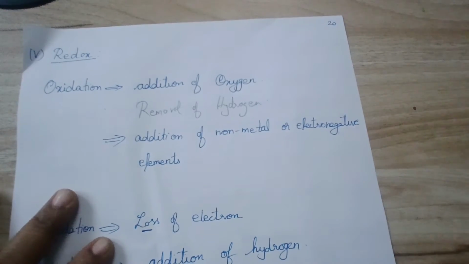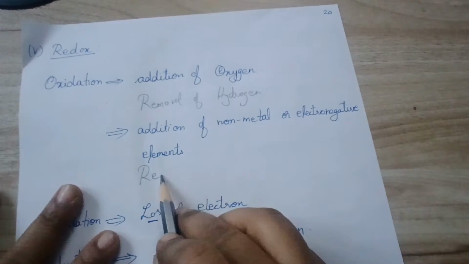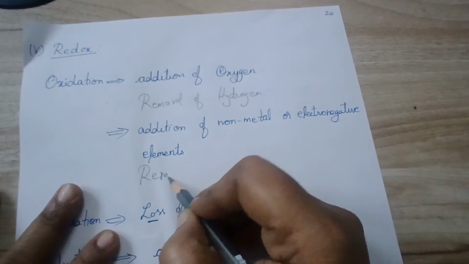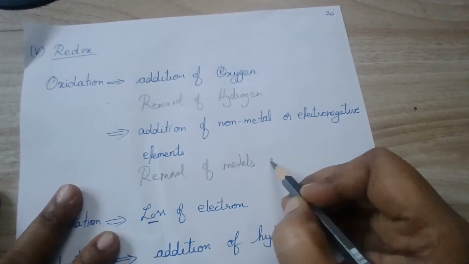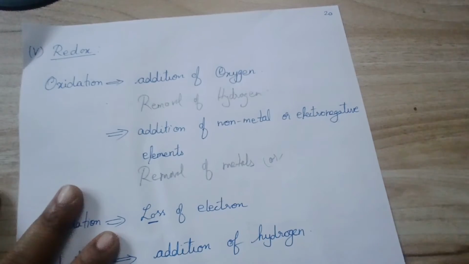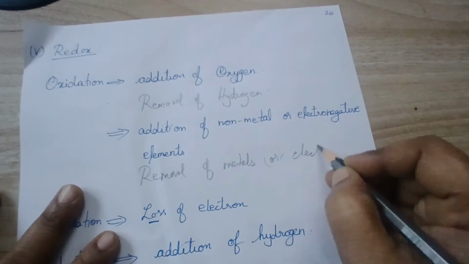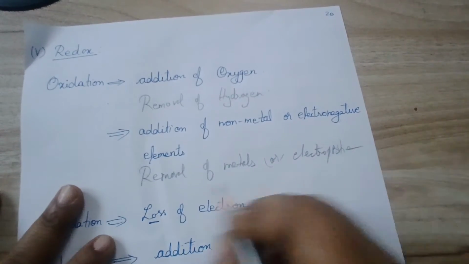Addition of non-metal means removal of metals, or addition of electronegative means removal of electropositive elements.